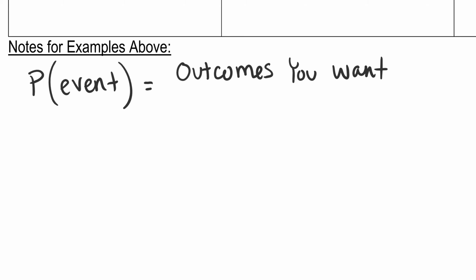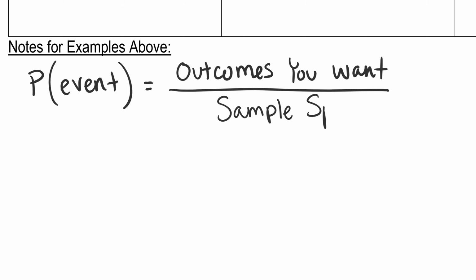That's what you want to find, divided by what's called a sample space. Now the sample space is just all outcomes that are possible for one thing. So pretty much you have the outcomes you are looking for, your event, on top, and all outcomes that are possible on the bottom. You divide those, simplify the fraction, and that's your probability.